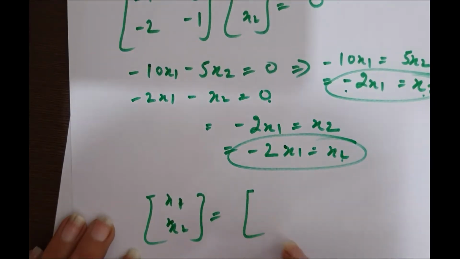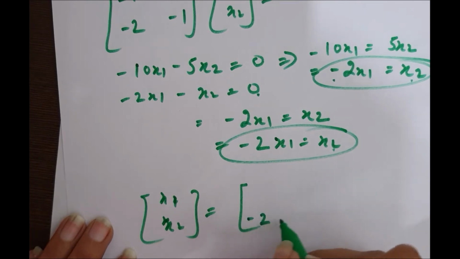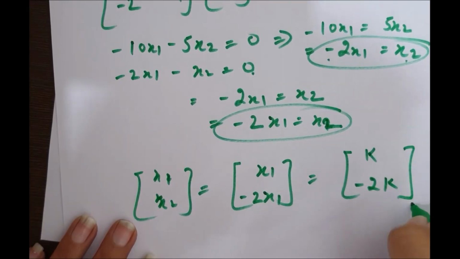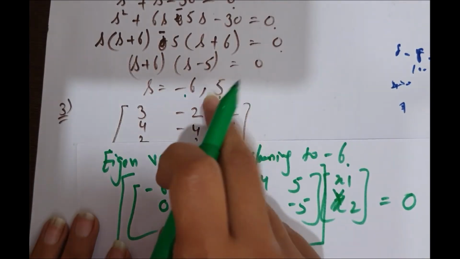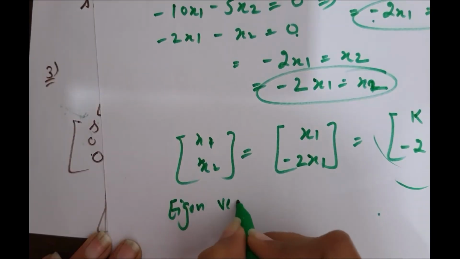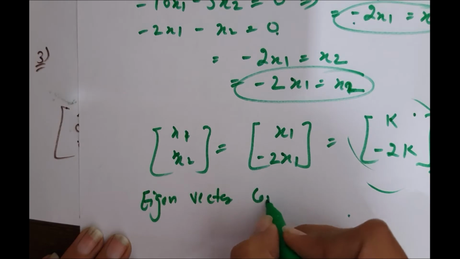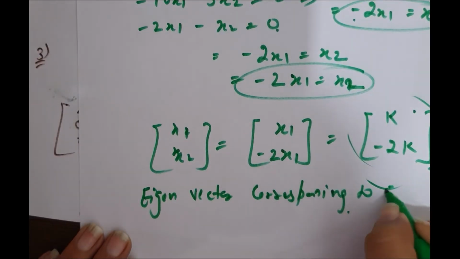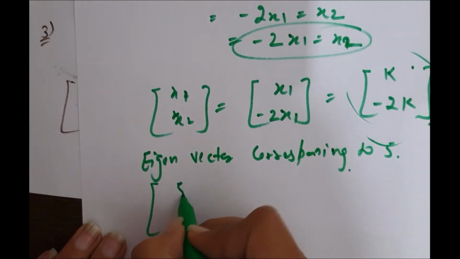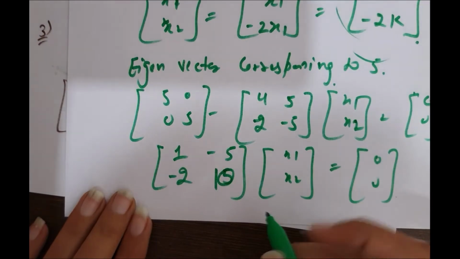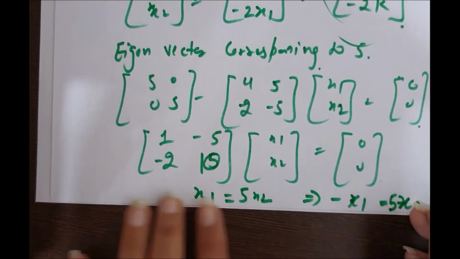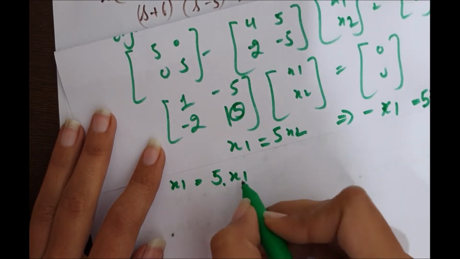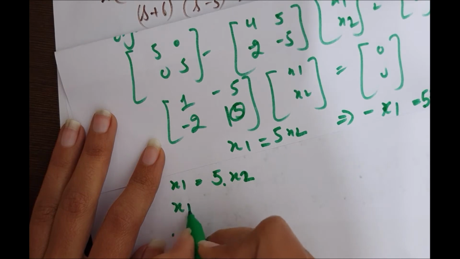So the eigenvector of this equation would be, or you can write it as, so the eigenvector corresponding to 5. Here we got the eigenvector of this eigenvalue is this.